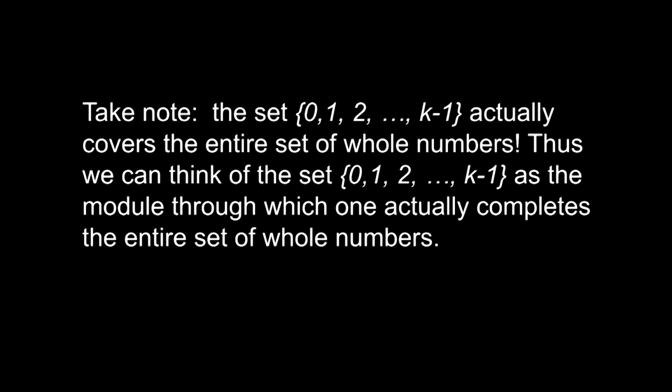And take note, that small module, 0, 1, 2, up to k minus 1, can actually cover the entire set of whole numbers. So you can think of the set 0, 1, 2, up to k minus 1 as the module through which one can complete the whole numbers.